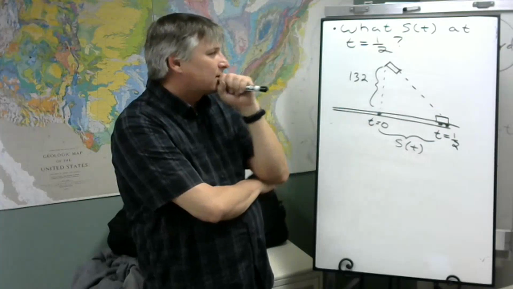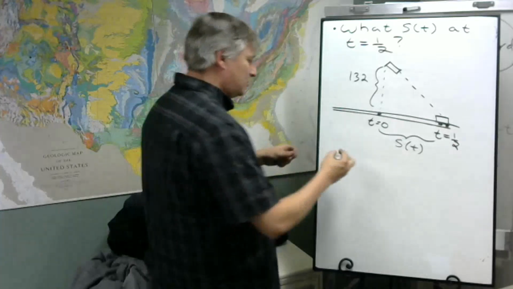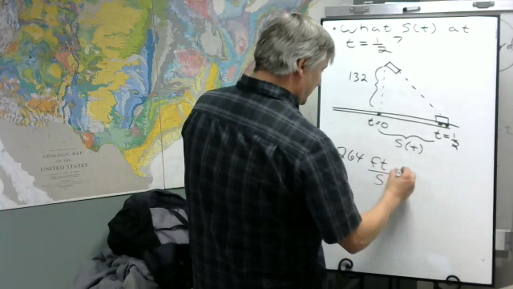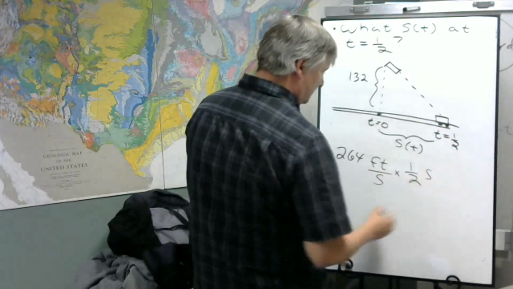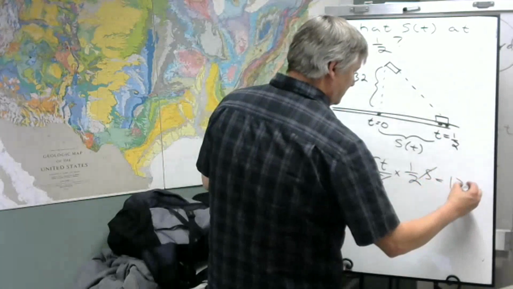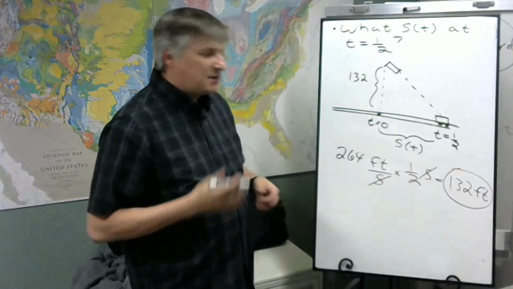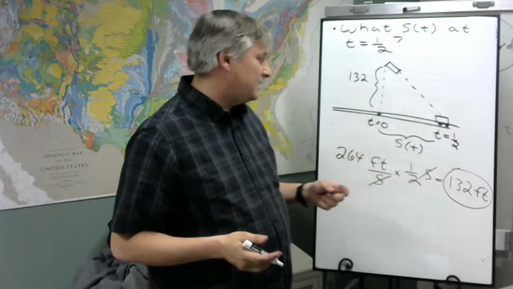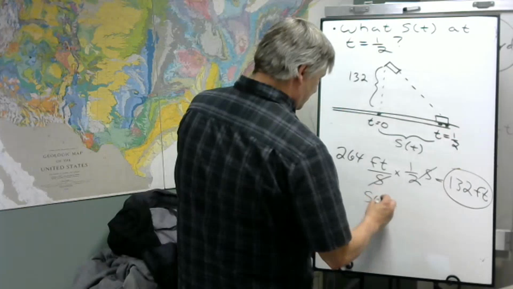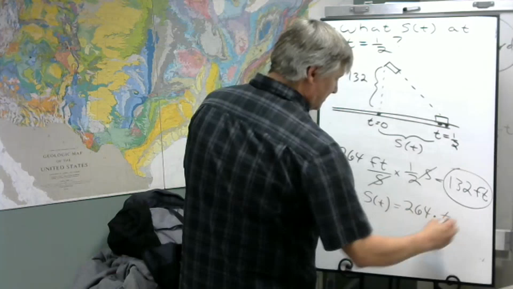We know that this car is going 264 feet per second. So if we take 264 and multiply by 1/2 second, seconds cancel, what we'll get is 132 feet. Another thing you could say is that because the speed of this car is constant, s of t is the velocity times time.